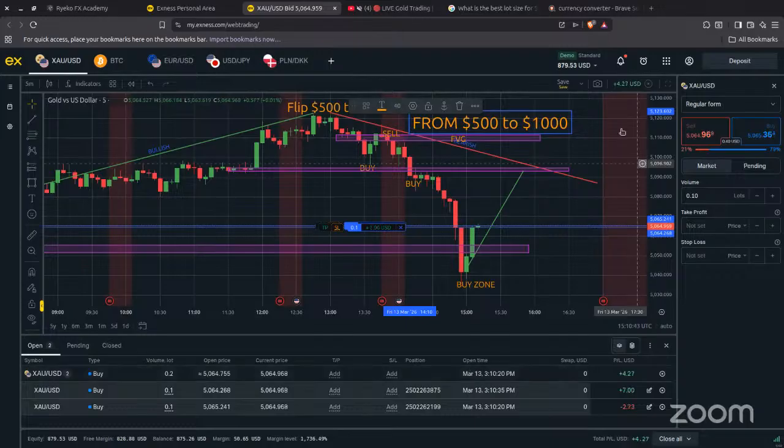So right now it will reach 1,000 very fast because I have two open positions here. I have two buys of 0.1. It's like I'm doing 0.2. So every time now 0.2 is 20%. So no, it's going down. It's okay. It has to first pull out the wick, then close above it.